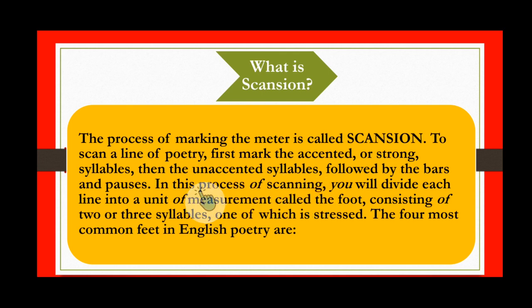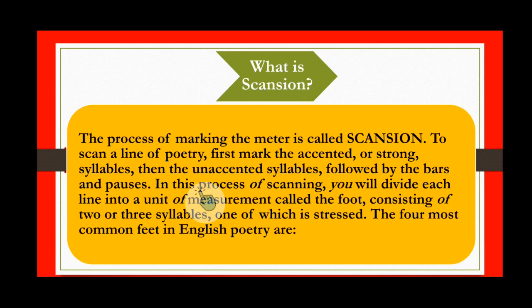First you have to find out which is the stressed syllable, and then which is unstressed. This is the process of marking, to do scansion, or to mark stressed and unstressed syllables. So whenever you are scanning a line in poetry, you have to mark the strong syllable and then the weak syllable, accented and then unaccented.